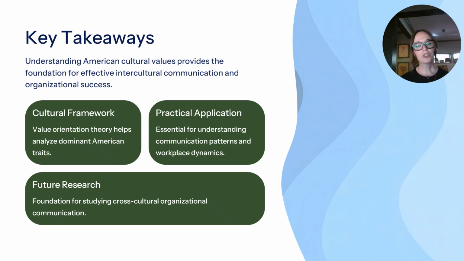We look at the cultural framework, how the value orientation theory helps us to analyze dominant American traits. We looked at practical application, which is essential for understanding communication patterns and workplace dynamics here in the US and also in other cultures. And then for future research, this could be a foundation for studying cross-cultural organizational communication and all of the details that lie within that.